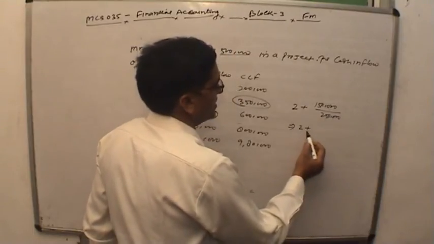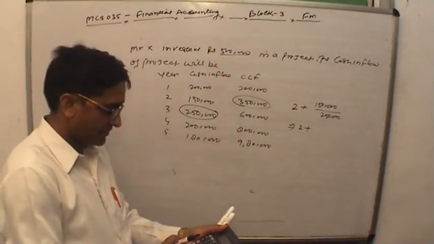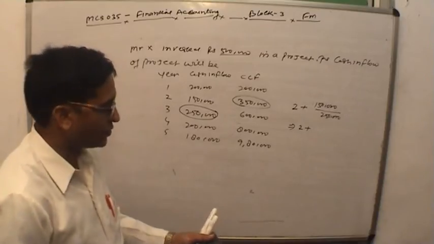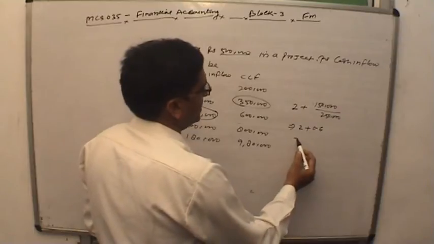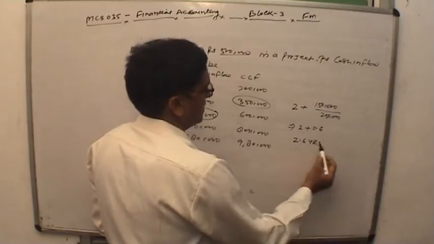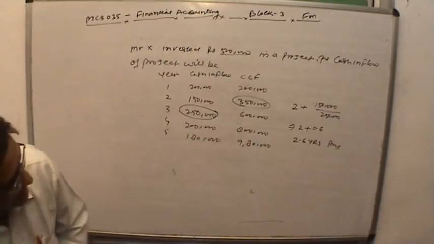Then 2 years plus 1 lakh 50,000 divided by 2 lakh 50,000, which is equal to 0.6. So your payback period is 2.6 years. It is your answer. So it's all about payback period.